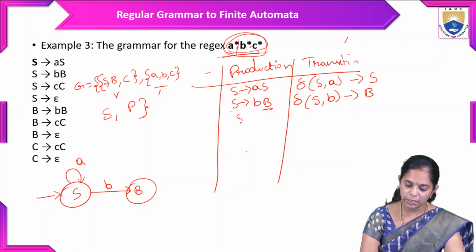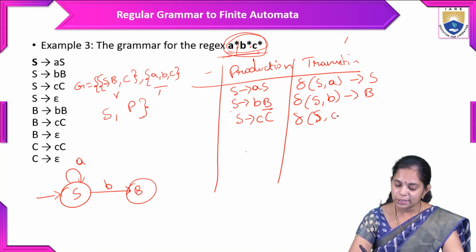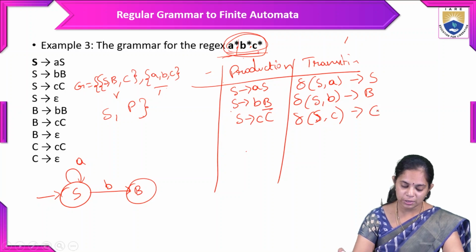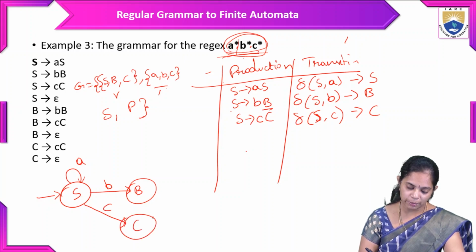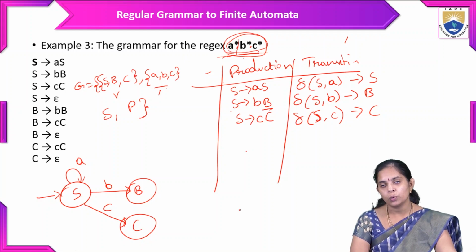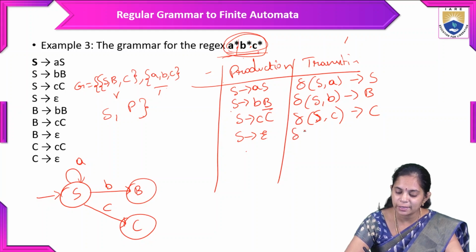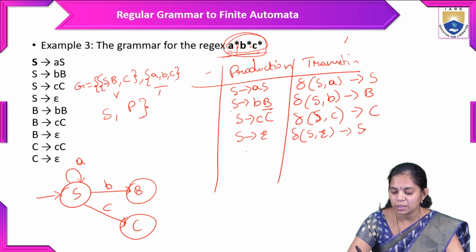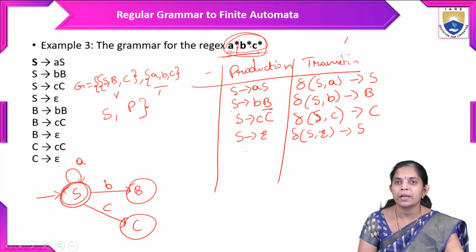Next, S tends to C, capital C: delta of S comma C, with C as an input, it reaches the capital C state. And S tends to epsilon says that with S comma epsilon, it reaches the same state, which is represented as a final state.